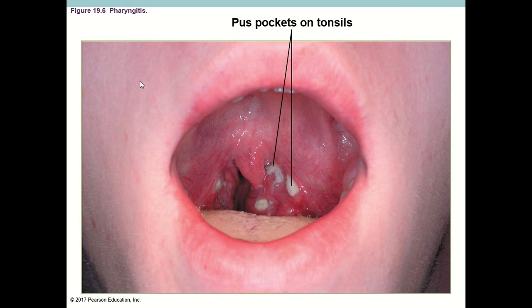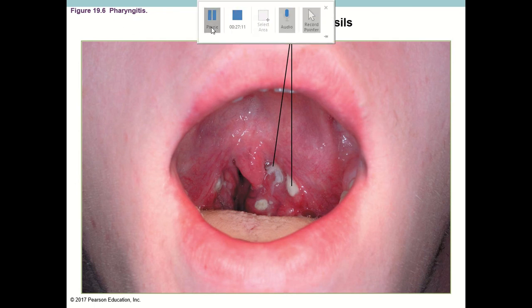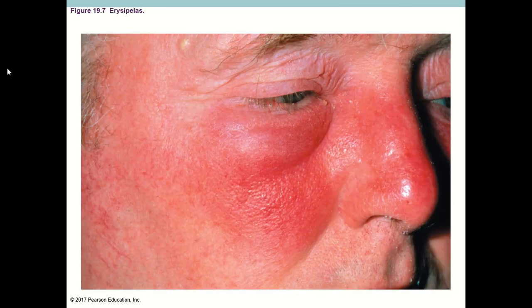But again, those are extreme cases due to not treating pharyngitis. Other diseases that strep can cause are erysipelas, which you're looking at here. These are pus-filled lesions on the skin. But there's also strep toxic shock syndrome. So not only staph can cause TSS, but also strep.